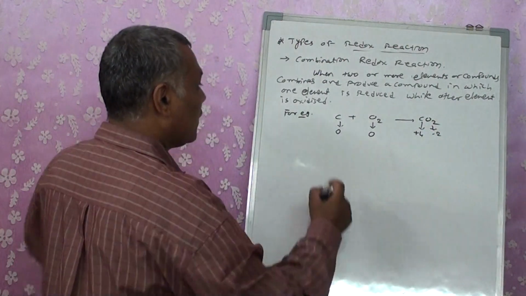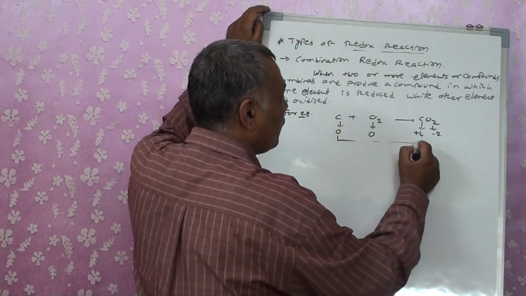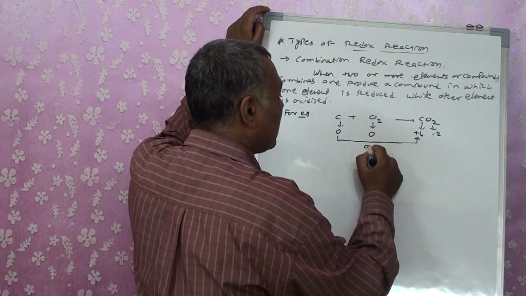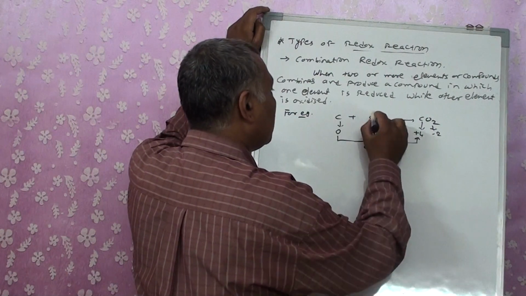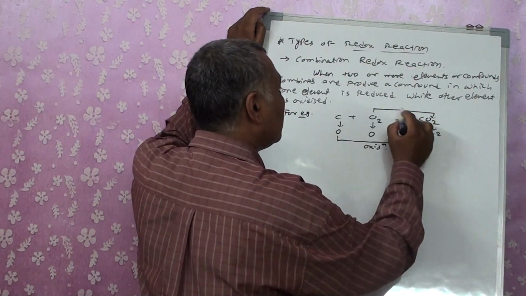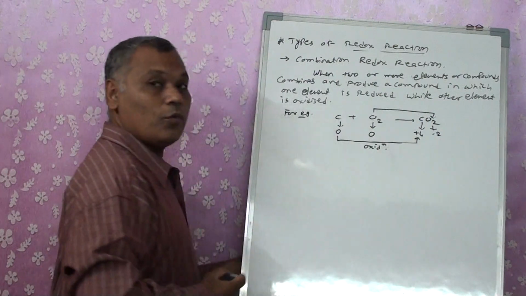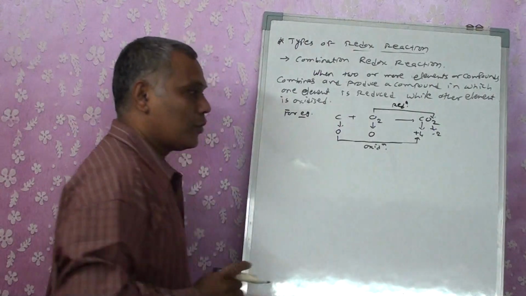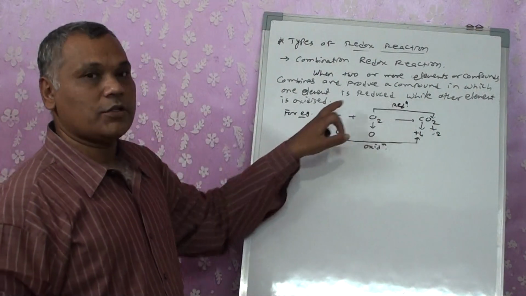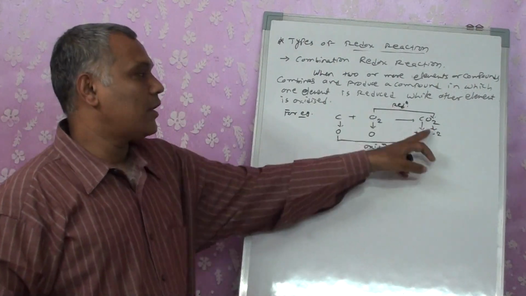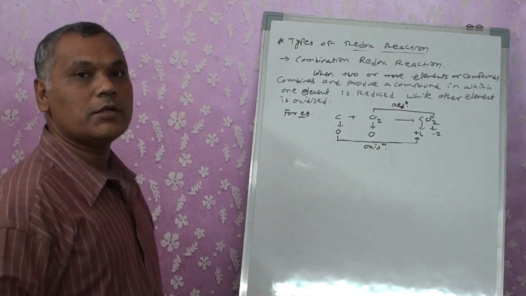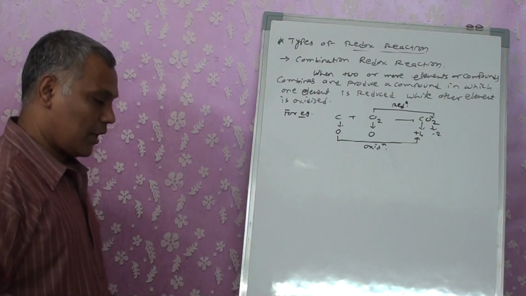So carbon changed itself from 0 to plus 4, that means it's an oxidation, while oxygen has reduced from 0 to minus 2, so it's a reduction. One element has oxidized, the other has reduced, and still the two of them have combined together. So it's known as combination reaction.